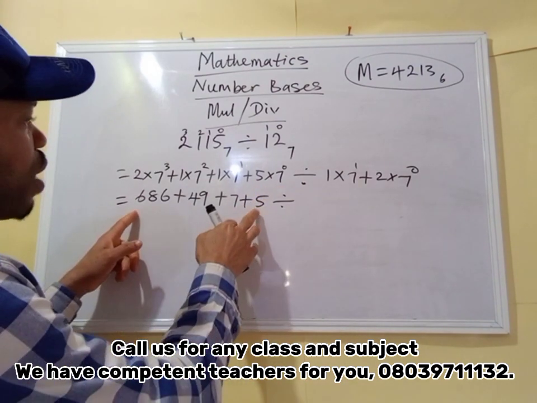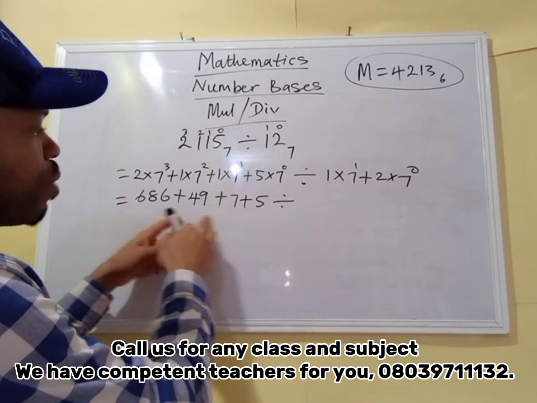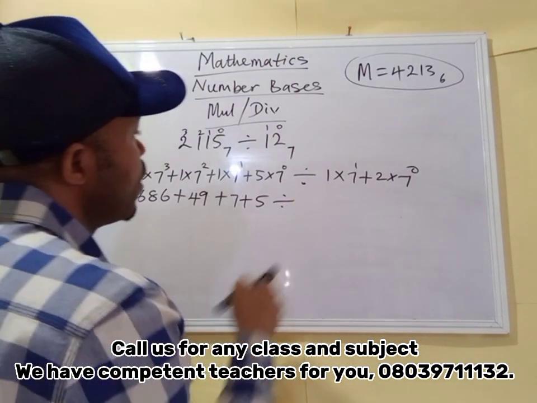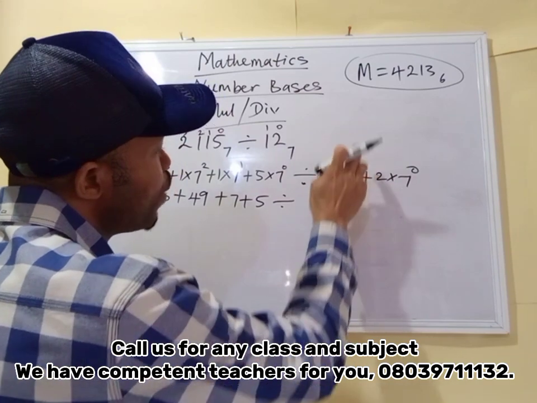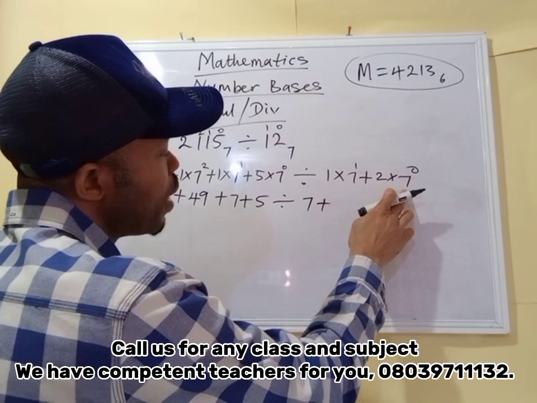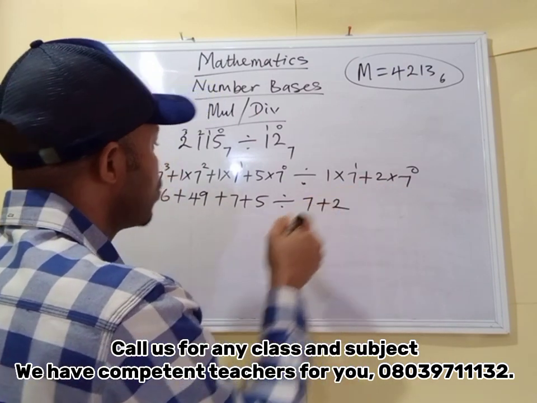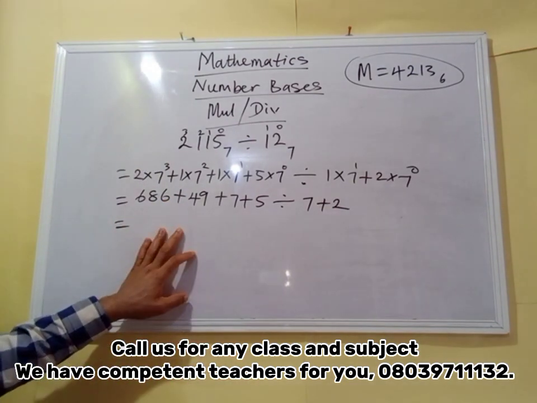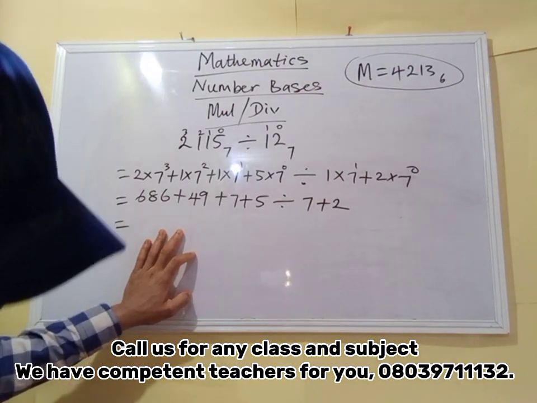With this we have converted them to base 10 already. So when we sum it up, it's going to give us the number in base 10. The same thing here. So here we have 7 to power 1 is 7, times 1 still 7, plus 7 to power 0, 1, times 2, still 2. So when we add this up, let me just give us the figures so we don't waste time. 747 base 10.